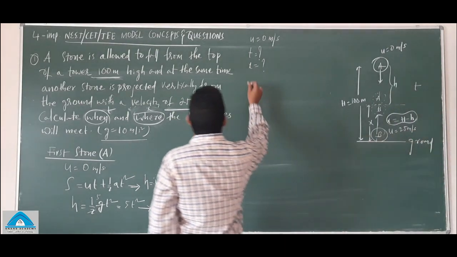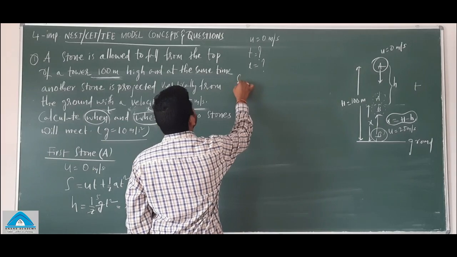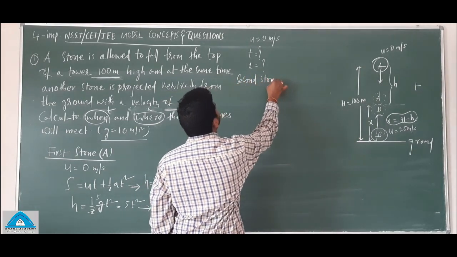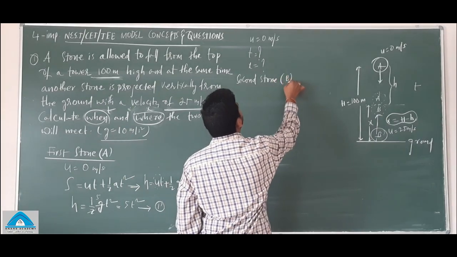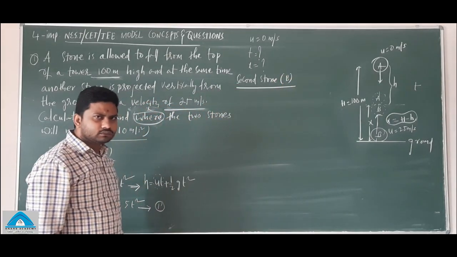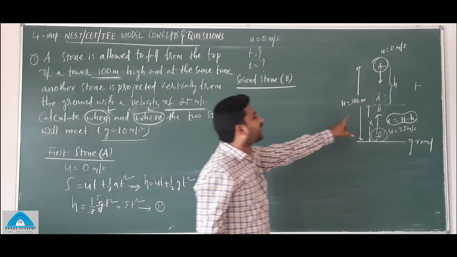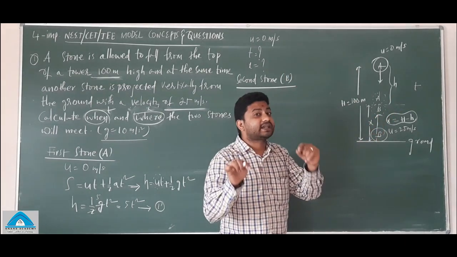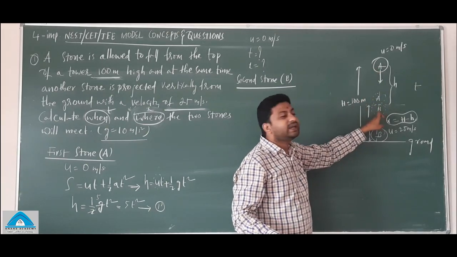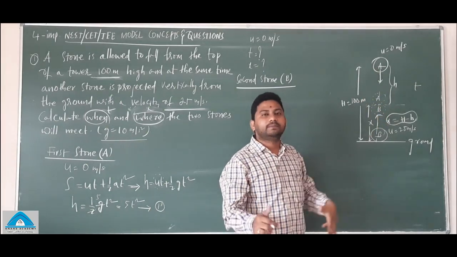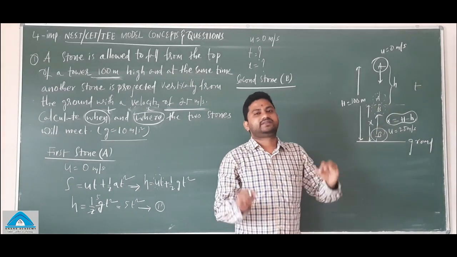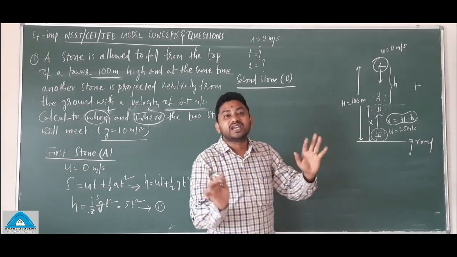Now, if you concentrate on the second stone B, let us see what happens. Here also there is some distance traveled and a time taken to meet. Time taken to meet B by A is T, and time taken to meet A by B is also T. At some time T they are meeting each other.